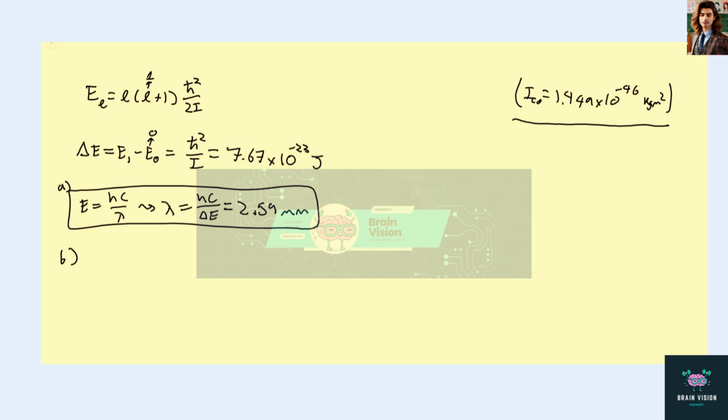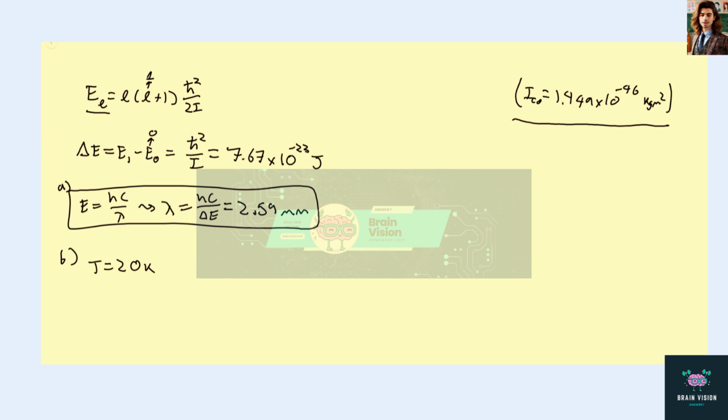Part B, on the other hand, wants us to think a little bit about the fact that these gas clouds are extremely cold, so around 20 Kelvin. But we've seen before that if a molecule in a certain gas has enough energy to put it above one of these rotational levels, then it's likely that you will find some or quite a bit of that molecule in those rotational levels.